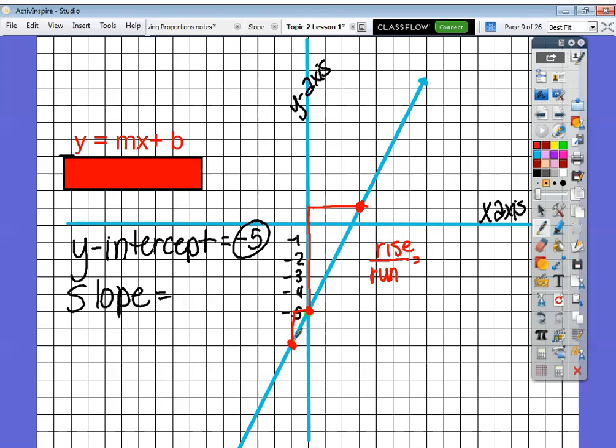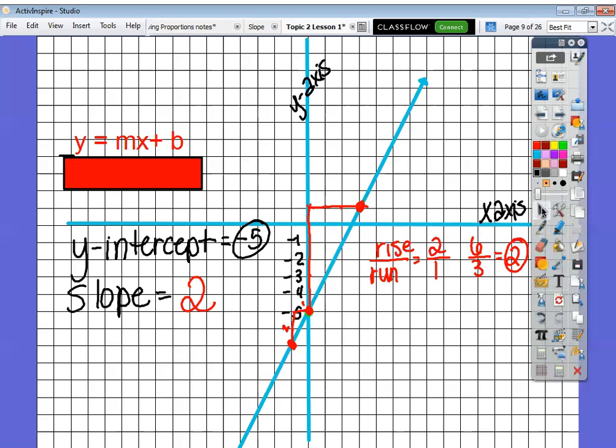This one is up 1, right 1. This one is up 1, 2, 3, 4, 5, 6. My rise is 6, and my run is 1, 2, 3, which both of these reduce down to 2. So my slope is 2.